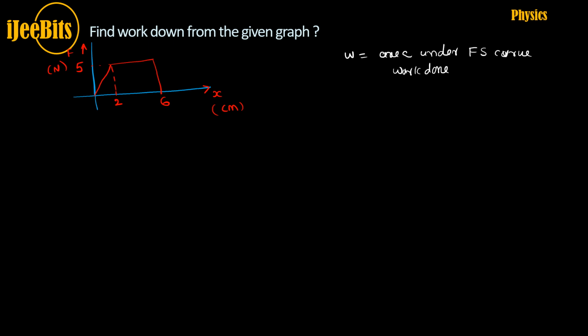Let's look at it now. This area you have to calculate, and this area you have to calculate, and sum them. So work done equals F dot s. This is a triangle. What is the area? Half into base 2 into height 5, plus this is a rectangle of width 4 minus 2, and the height is 5.